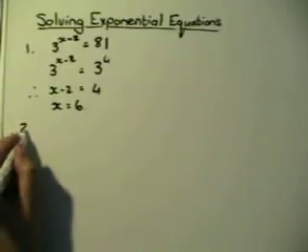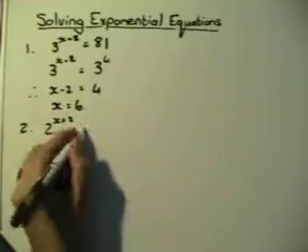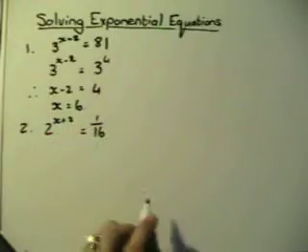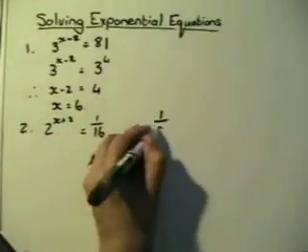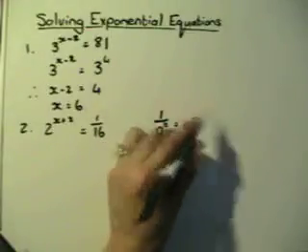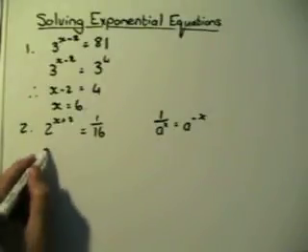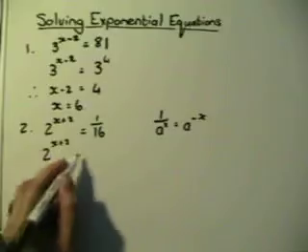Sometimes they give you a fraction on one side that looks like this, and there you're going to use the rule that 1 over a to the power of x is a to the power of minus x. So I'm going to do that here.